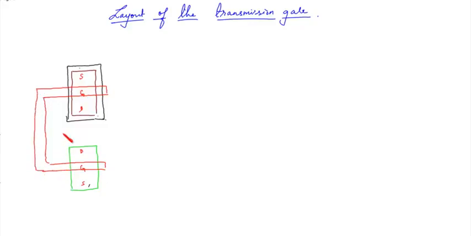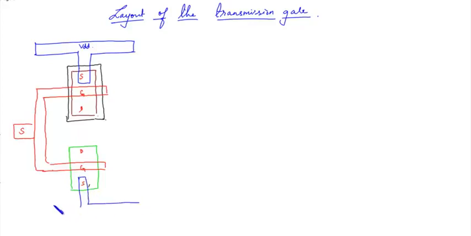Okay. This was the select line S and the source was connected to VDD. This is VDD, and this source was connected to ground.